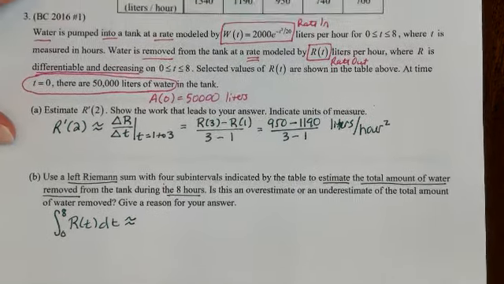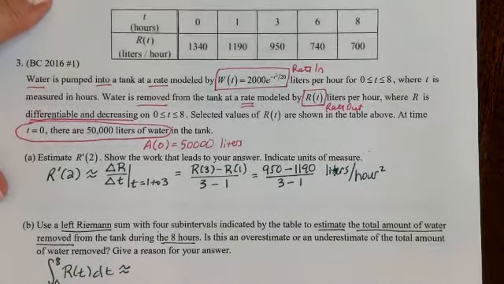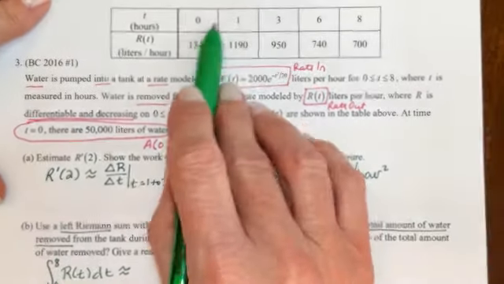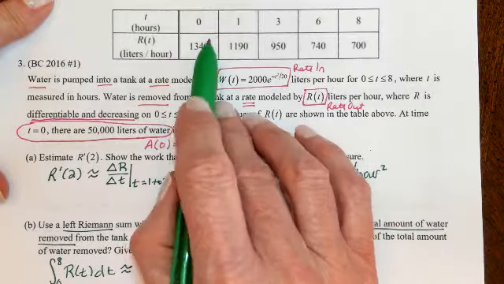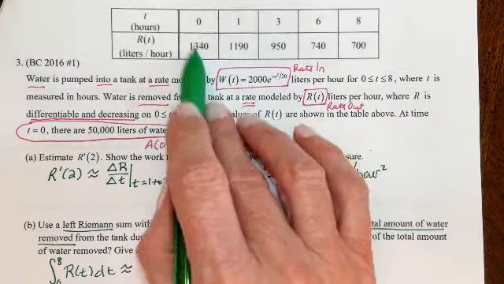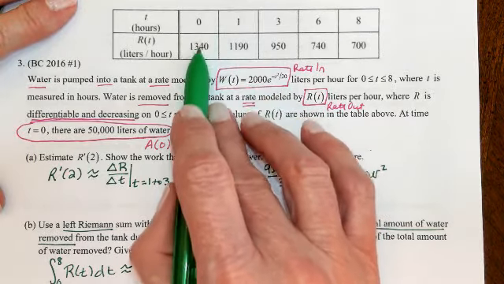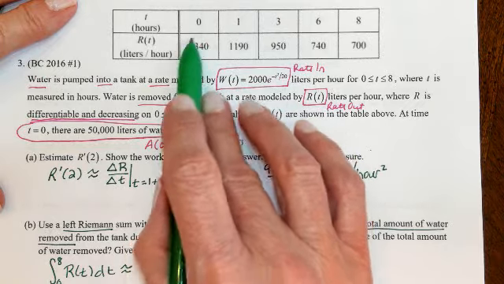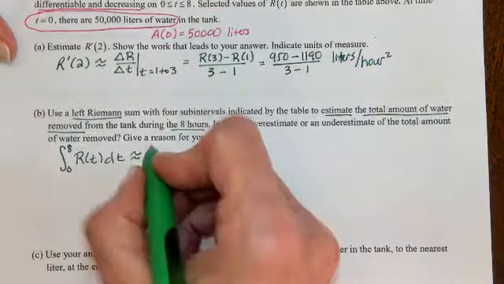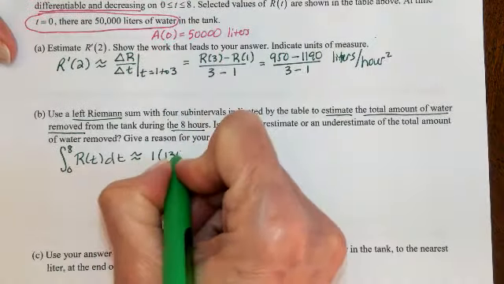For a right or left Riemann sum, remember we're just doing rectangles. So base times height. And we're going to use the leftmost height of each base. So the base is 1. The first height for a left Riemann sum will be 1340. So 1 times 1340.